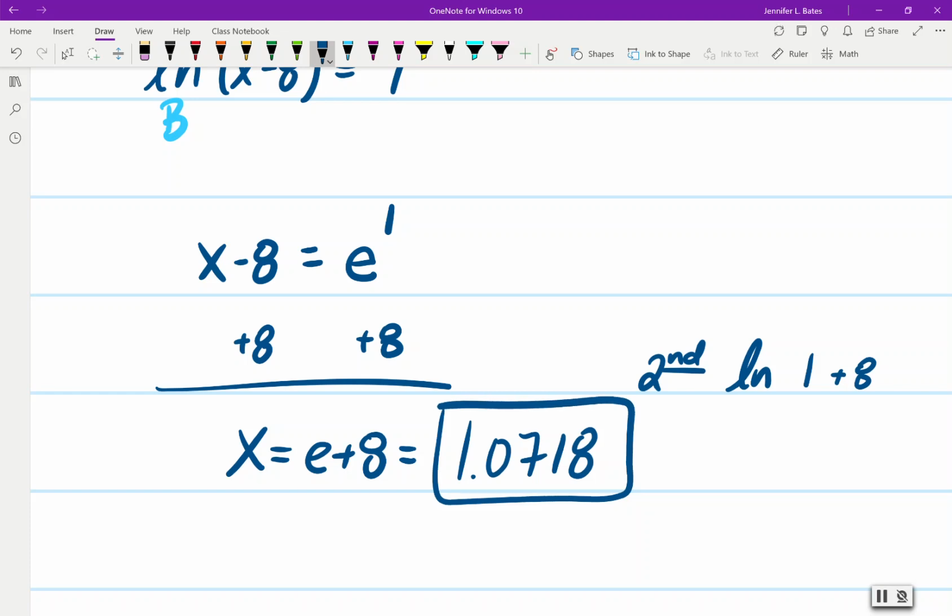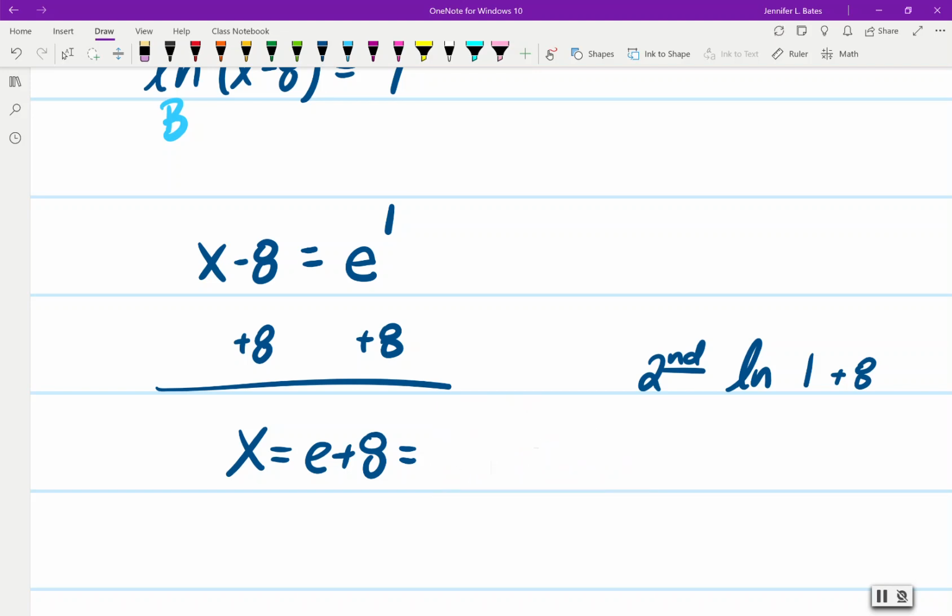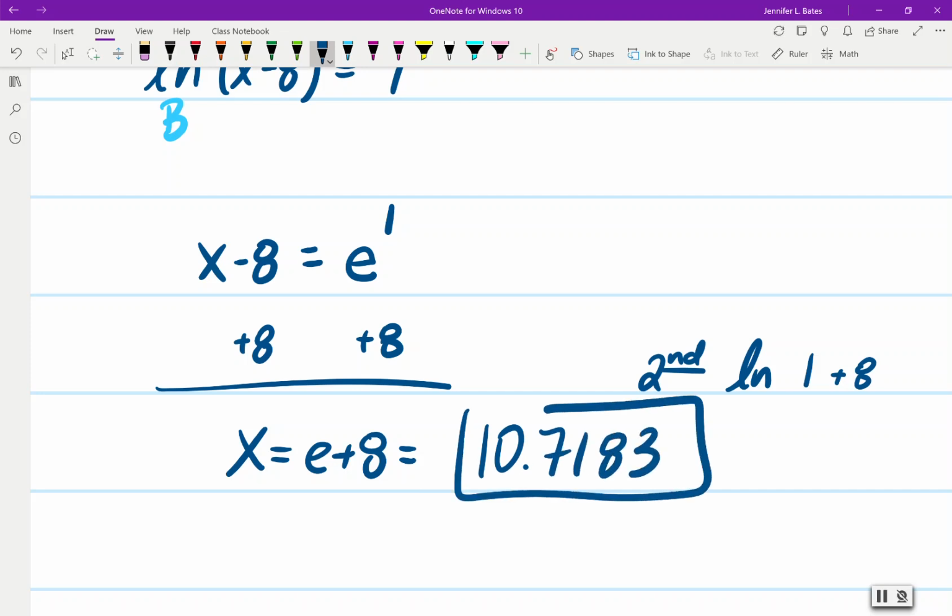So this should be 10.7183. And that's it.